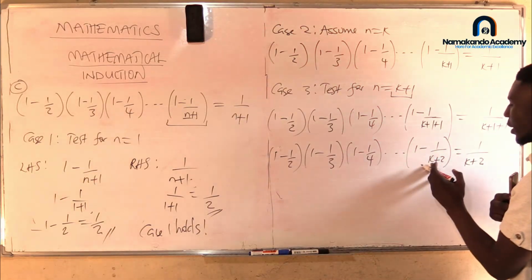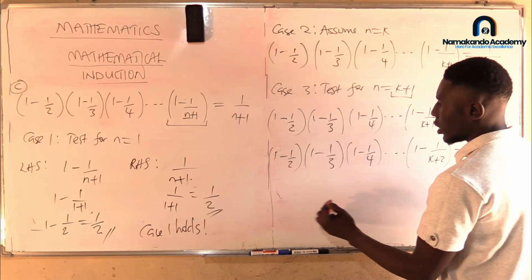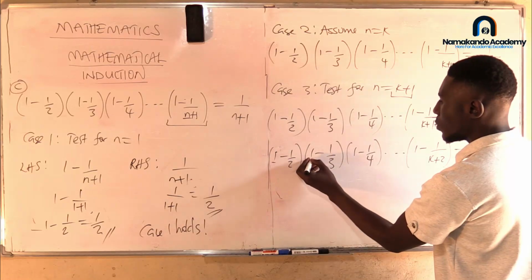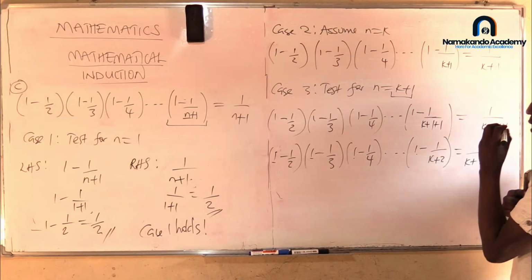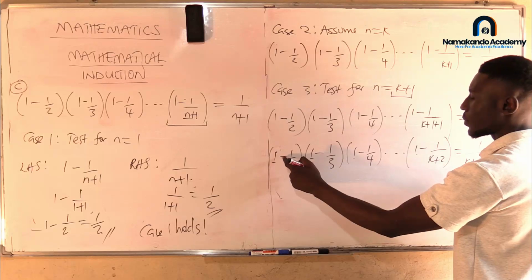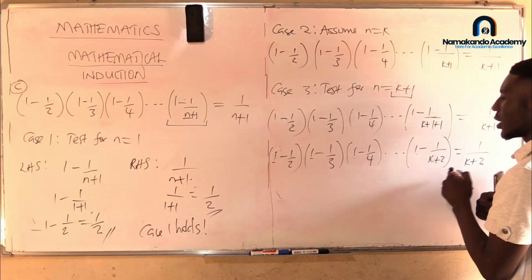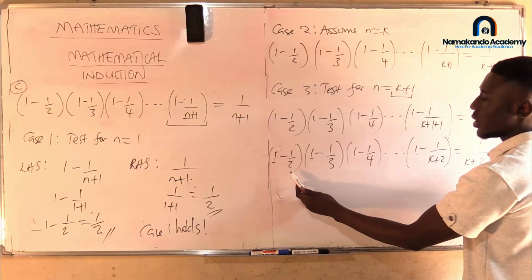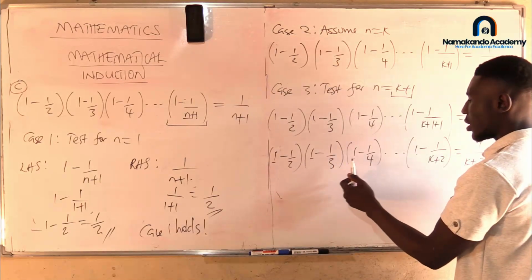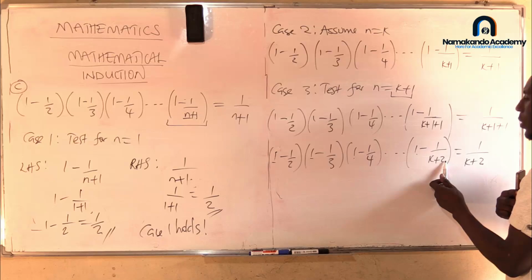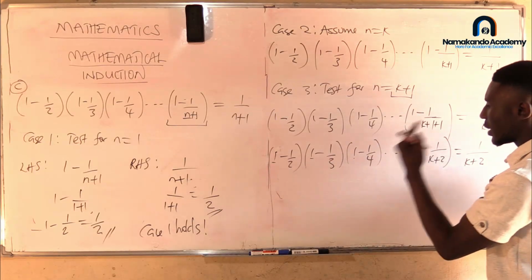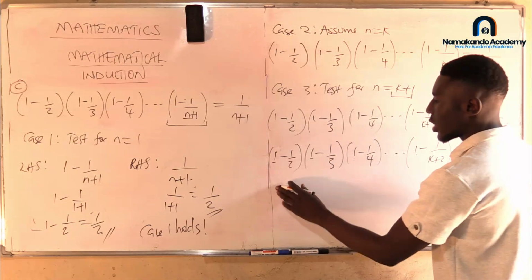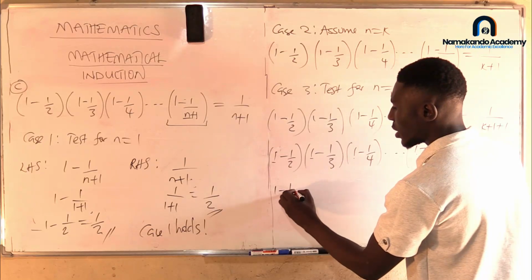We are multiplying. Now if you look at how it goes, we're always starting with 1, 1, 1, 1. Then there's a negative for each. If you look at the denominators, this is 2, this is 3, this is 4. We're ending with k plus 2. The difference for each is a 1. So meaning that we have the first part as 1 minus half.